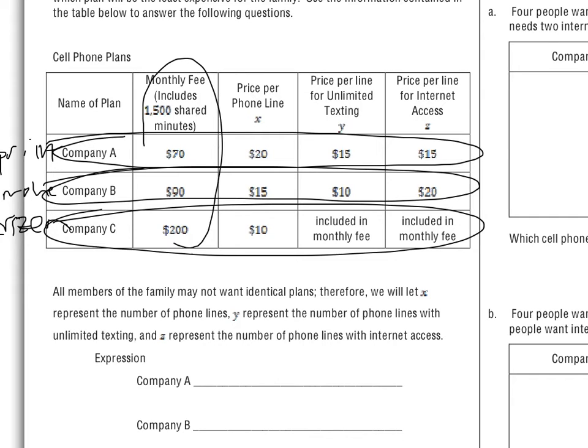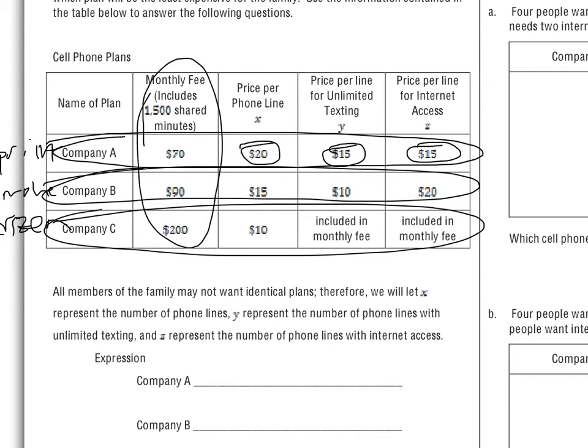This means that no matter what we do with this plan from each of these companies, we are going to be paying that amount. In addition, it looks like we'll be paying $20 per line, $15 per line of unlimited texting, and $15 per line of internet access for company A.